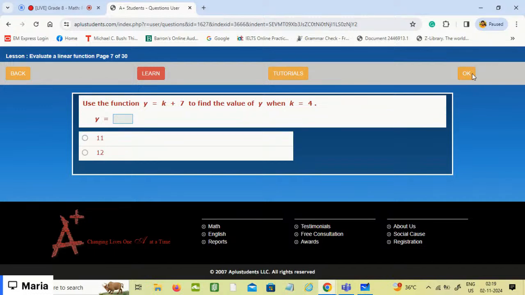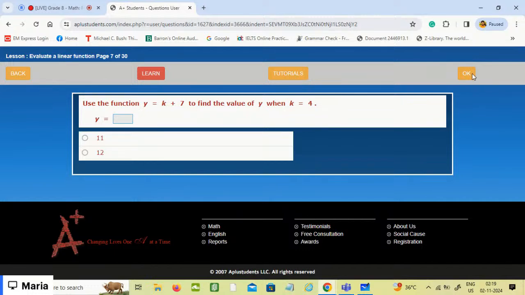Use the function y equals k plus 7 to find the value of y when k equals 4. That is 7 plus 4.